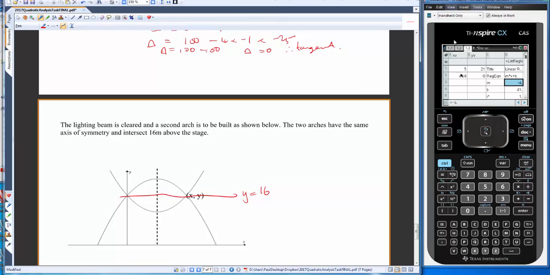So we're going to go back to our curve and hit tab and type in an equation, y equals 16. There it is. And we're going to find out what this point is. We know that this point here is 0, 16, but we don't know what this one is.